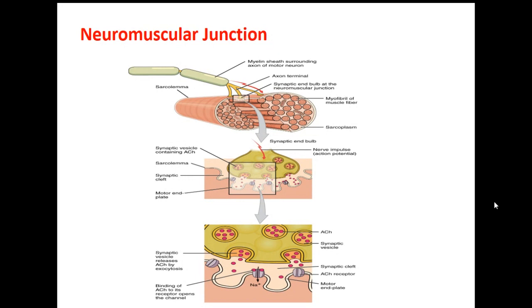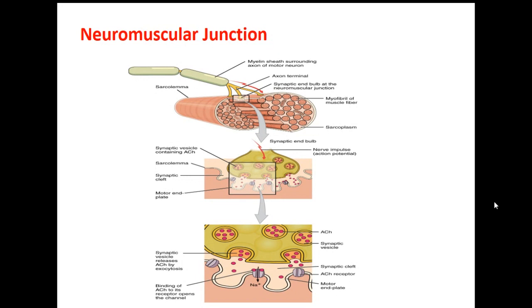These receptors are actually channel proteins. When acetylcholine comes into contact with this receptor, it causes this tunnel to open and allows positive sodium ions to come in, and that changes the electrical charge of the sarcolemma, the plasma membrane.